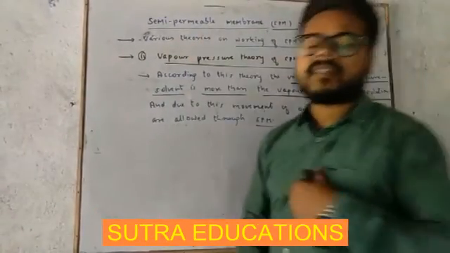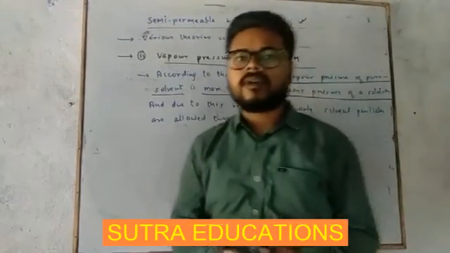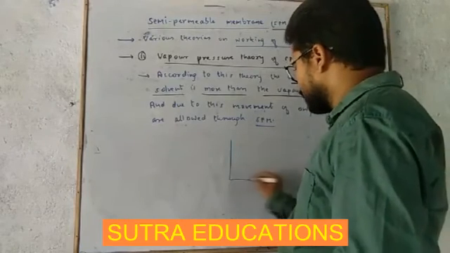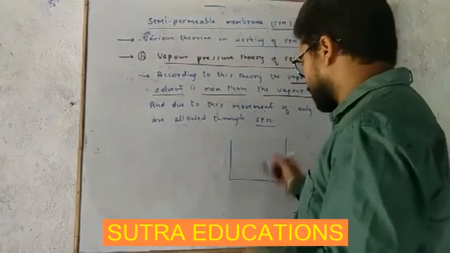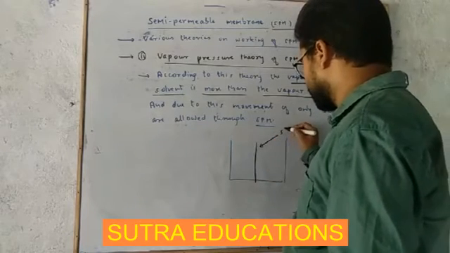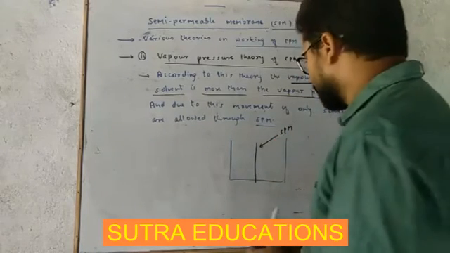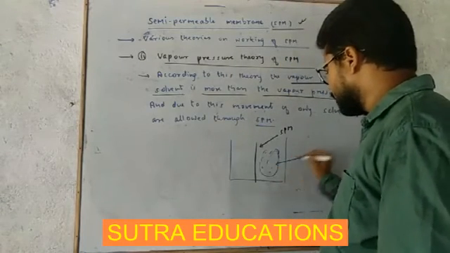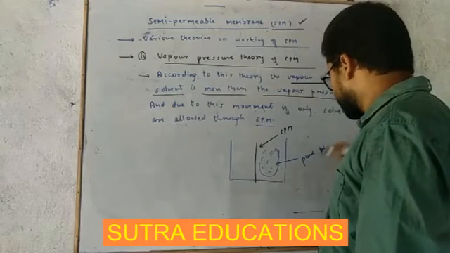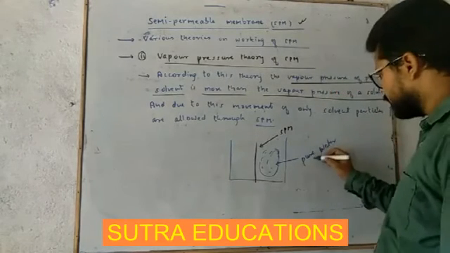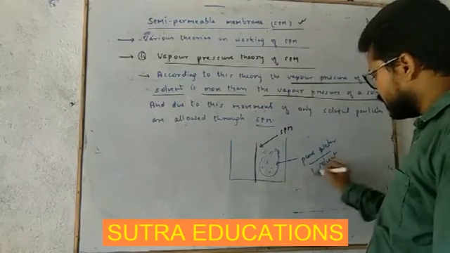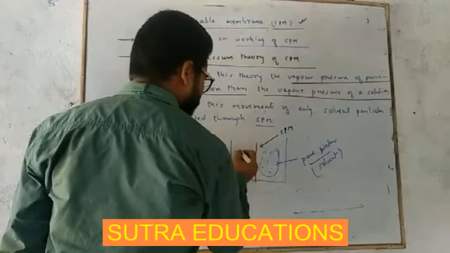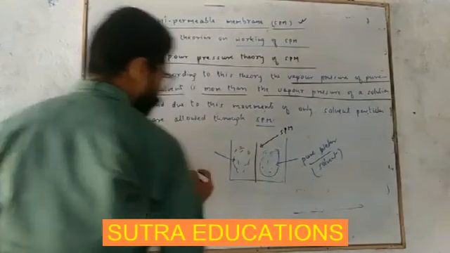Now we know what osmosis is. Say here it is SPM. Say this side it is only solvent, pure water, and here it is water plus sugar, a sugar solution.